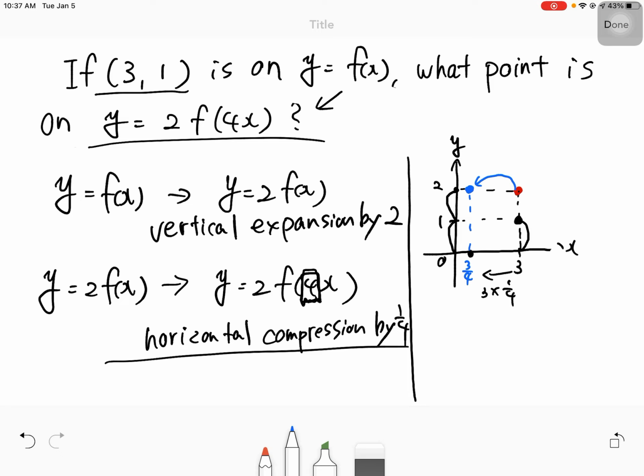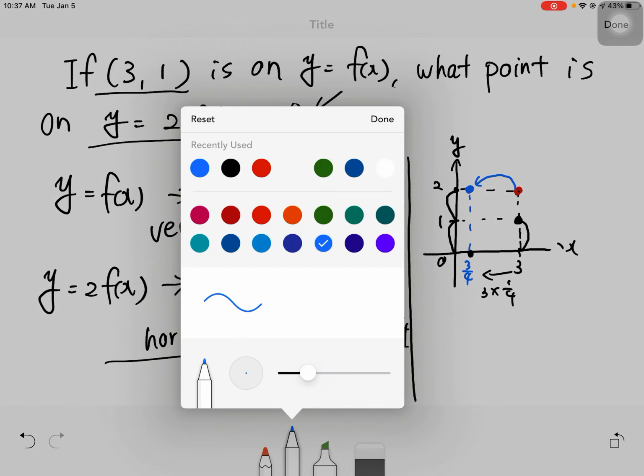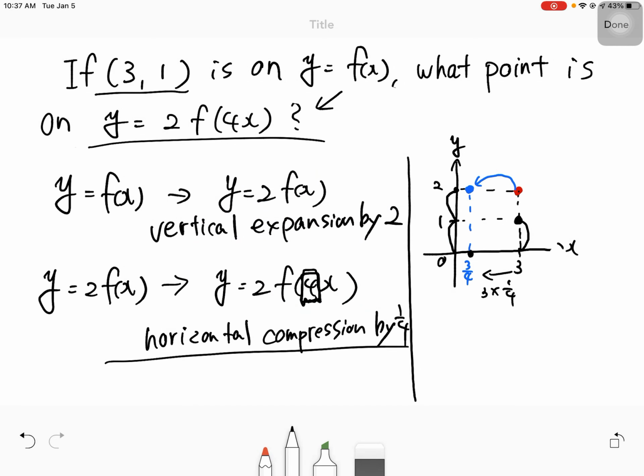So you move this point here. Now you finish transforming. Then you got the point (3/4, 2).